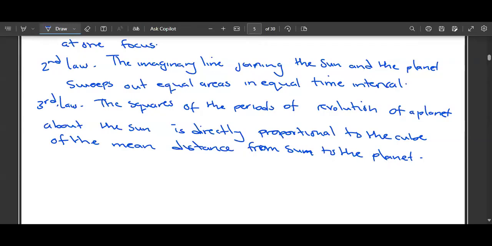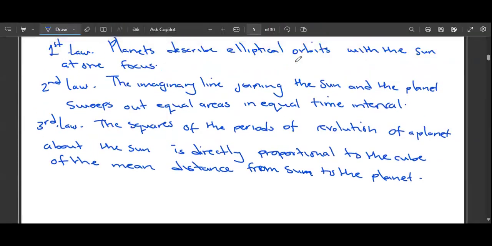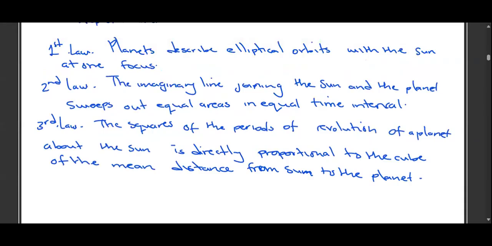Supposed to be at one focus. Planets describe elliptic orbits with the sun at one what? At one focus. Planets describe elliptic orbits with the sun at one focus. Then the second law: the imaginary line joining the sun and the planet sweeps out equal areas in equal time intervals.